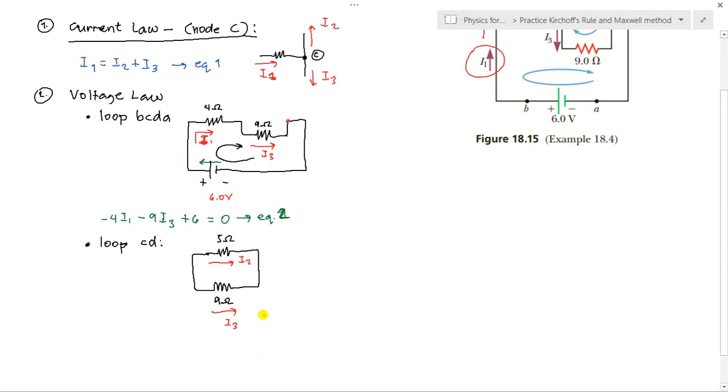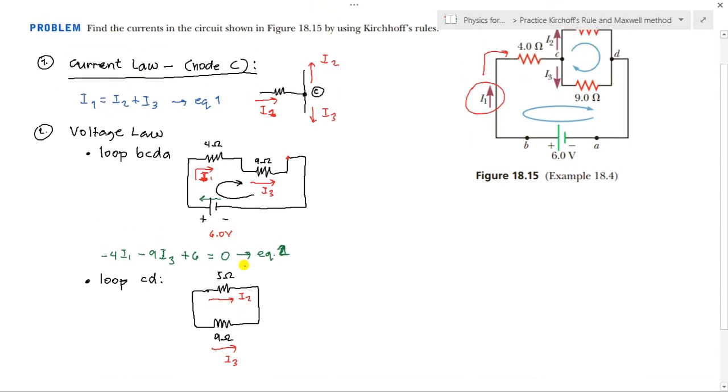Take note, don't forget to indicate the assumed direction of the current for Kirchhoff's law.